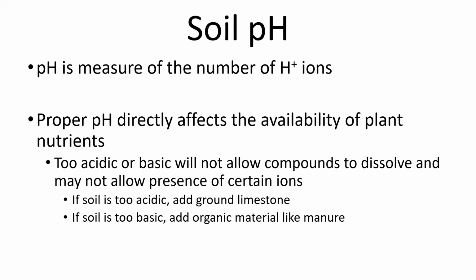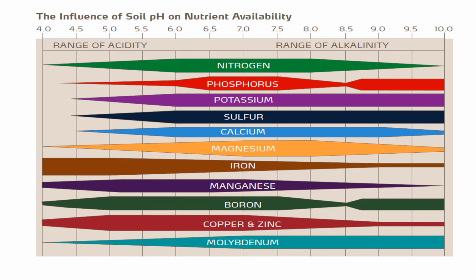So if it's too acidic, you could actually mitigate that by adding limestone to try and buffer out the acid. If it's too basic, then organic compounds can help you solve that problem. And so depending on what your pH is, your nutrients are going to be available.